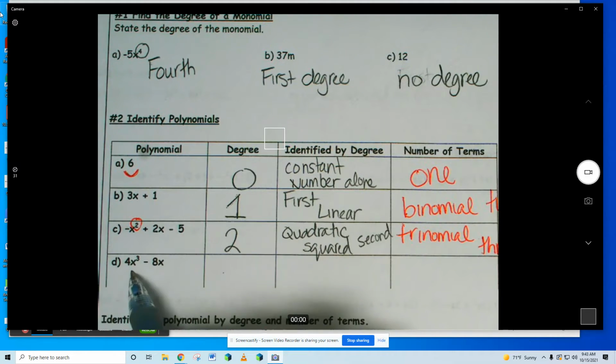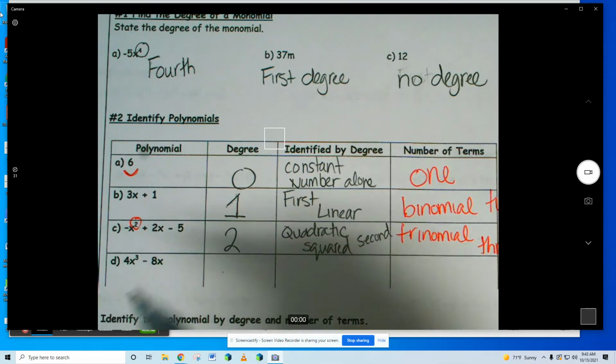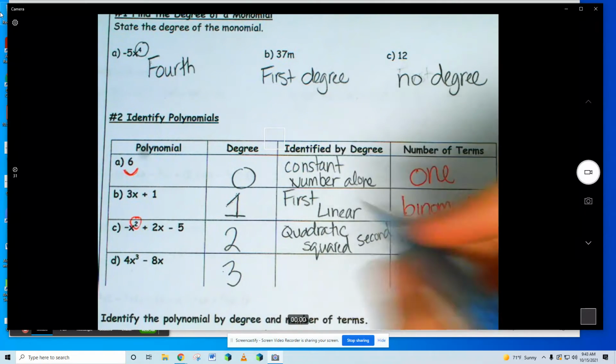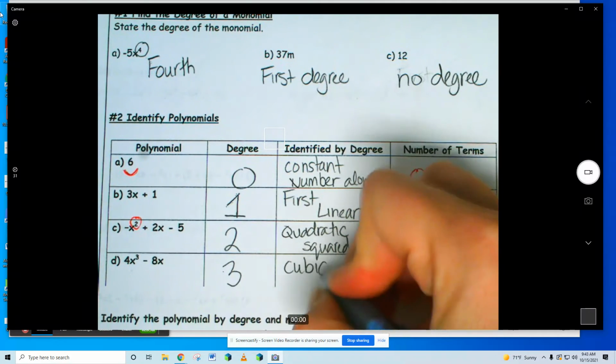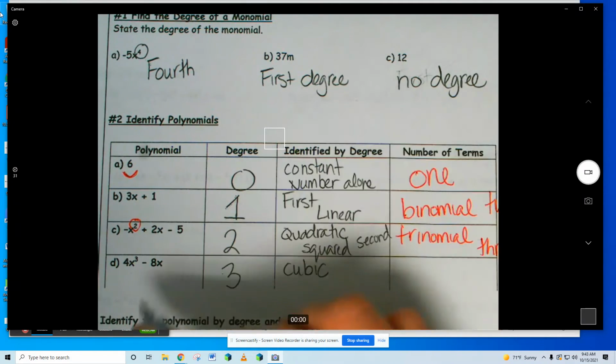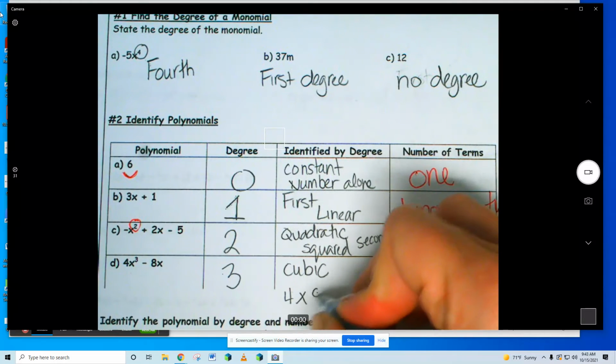This one, 4x cubed minus 8x. Third degree. I call that cubic. It's also third degree. But I could say it's 4x cubed.